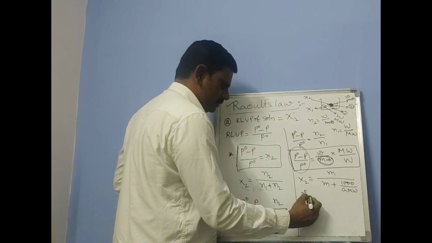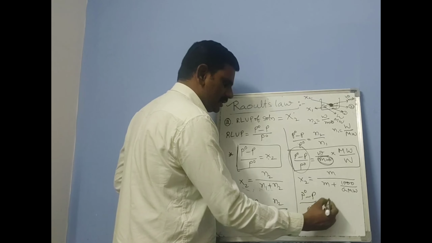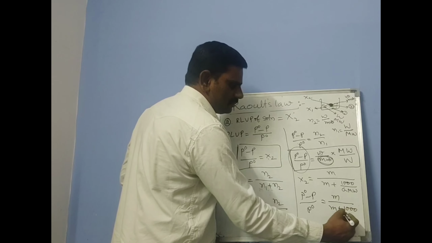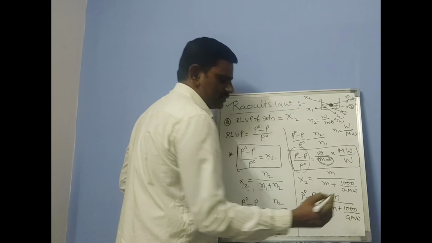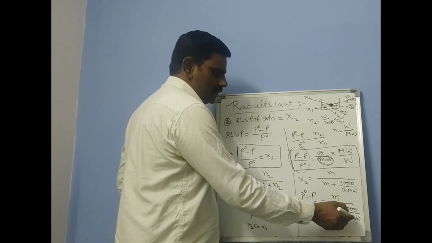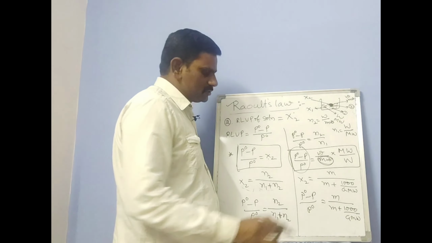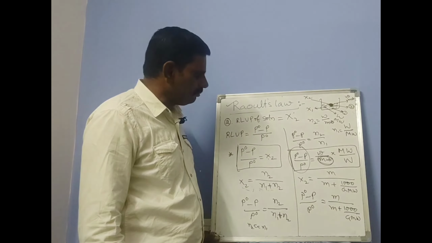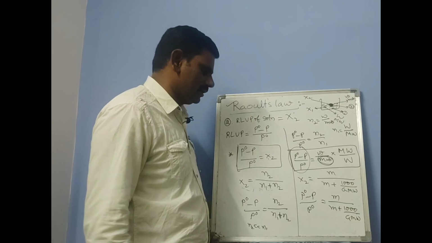Then I get (P naught minus P) by P naught equals molality by molality plus 1000 by gram molecular weight of solvent. If solvent is water, I write 18. 1000 by 18 means 55.5. So from molality we can get RLVP. Okay, this is about Raoult's law.